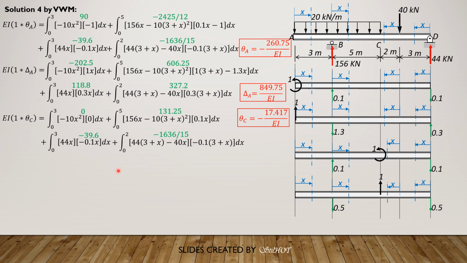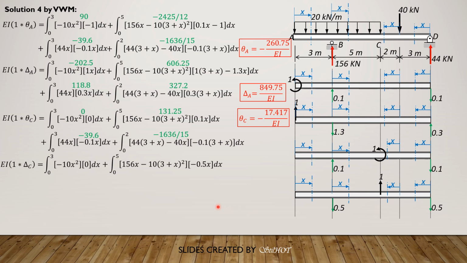Second term plus integral 0 to 5, 156x minus 10 times 3 plus x squared times negative 0.5x, only the moment here. Third integral is integral from 0 to 3 of 44x times negative 0.5x dx. And last, integral of quantity 44 times 3 plus x minus 40x times negative 0.5 times 3 plus x.